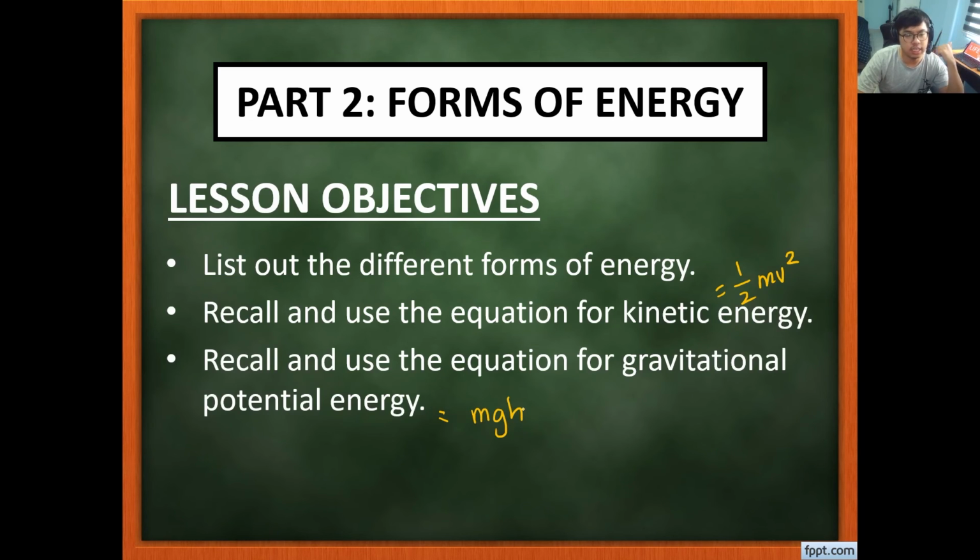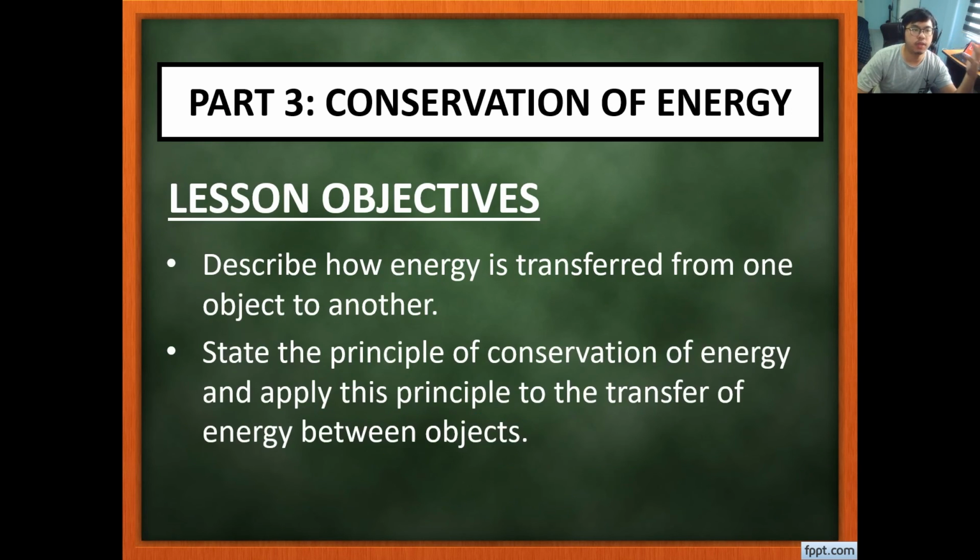Kinetic energy is the energy for movement, and gravitational potential energy is the energy for raised objects. When you release these raised objects, they will have the potential to fall. In the next part, we're going to talk about something called the conservation of energy.